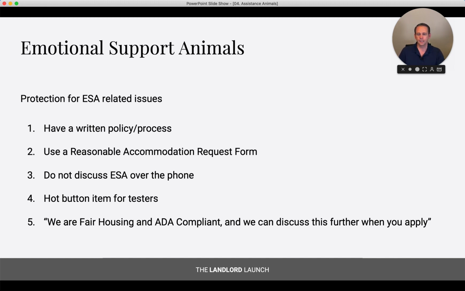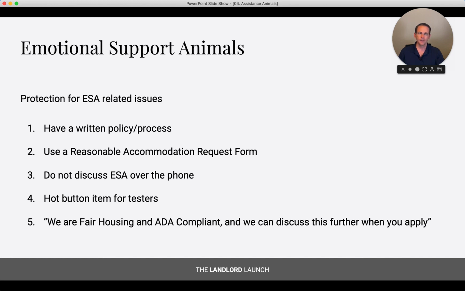Another thing too is, I don't know how many of you are aware of testers. Testers are people that are hired to go out and check to see if there are fair housing violations. Some of them just randomly check with landlords. Some of them are actually sent in after complaints are put in on a landlord, testing different situations.